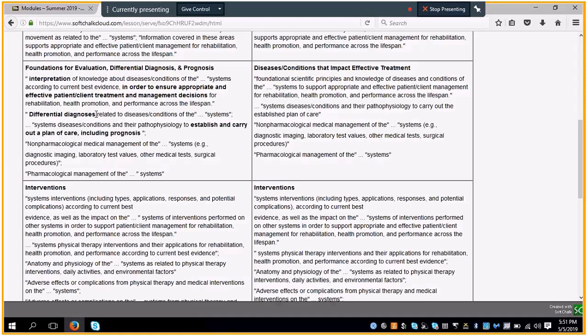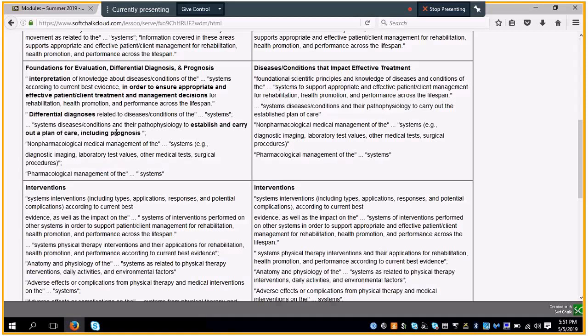And are there maybe non-musculoskeletal things that could be going on that we need to address as well? And then part of the process is coming up with what the plan of care is going to be and determining the prognosis.